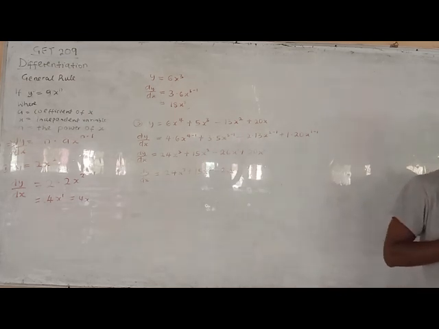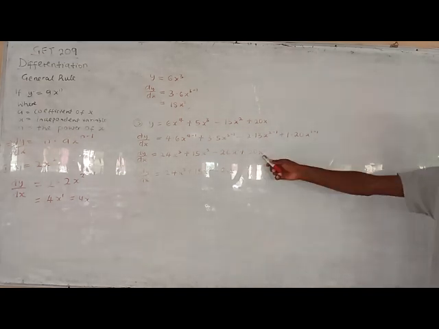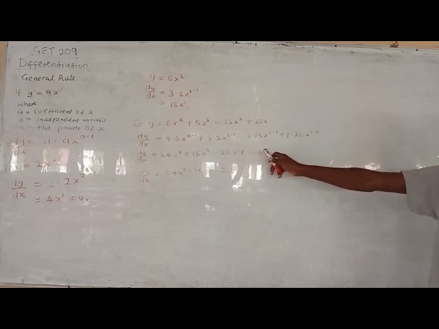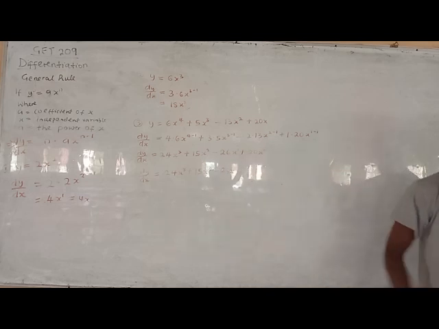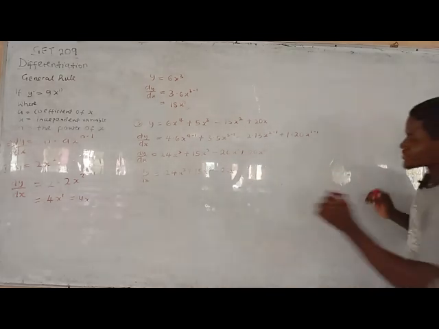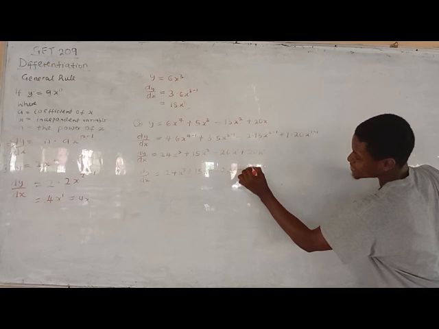Someone came out from somewhere and said that anything raised to power 0 is 1, apart from 0. Okay, ask your question. So why not put 20x? Because anything raised to power 0 is 1. So since x raised to power 0 is 1, we have 1 times 20. That will give us 20. So this is plus 20.